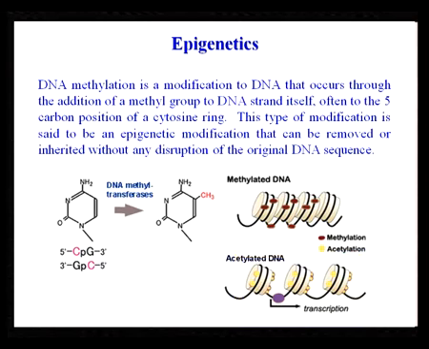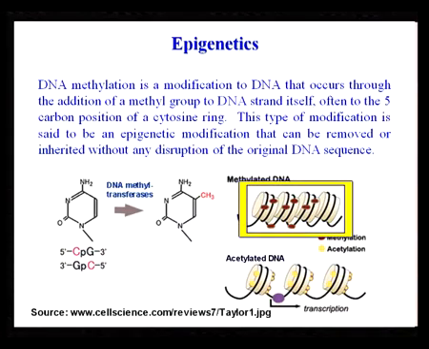So we can imagine a picture in which the lightly stained genetic component of the nucleus is actively transcribing, accessible to various protein factors. This dense component, which is highly methylated, is not actually transcribing.